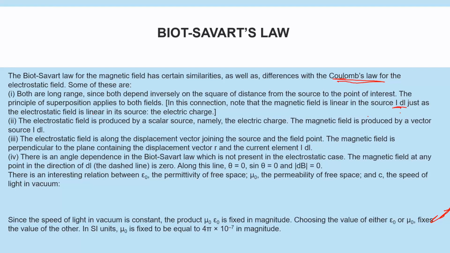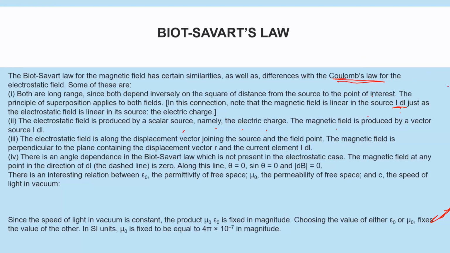Now we can see that the electrostatic field is produced by a scalar source, namely the electric charge. This is one difference between the magnetic field and the electric field. The magnetic field is produced by a vector source IDL, which is a vector source.